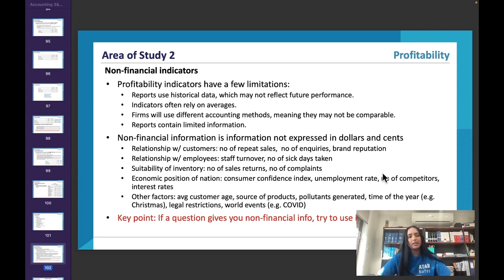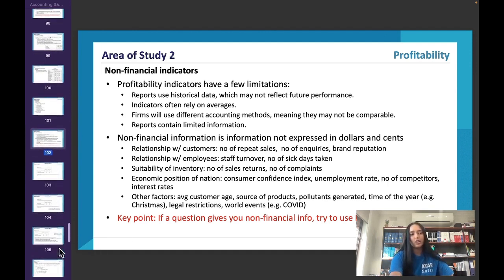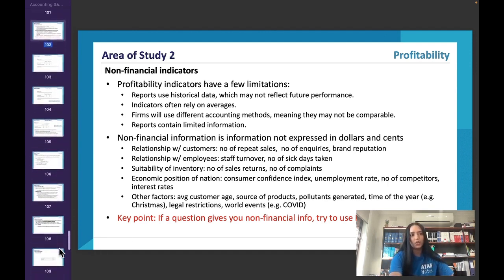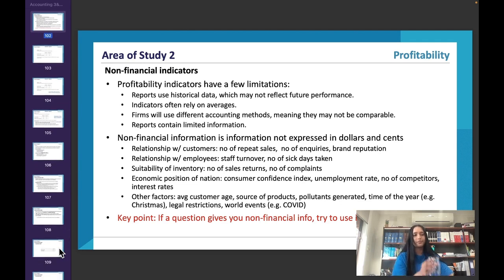And reports also contain limited information. Not all information about a business's proceedings is included in the reports. And there is non-financial information that you need to consider in your responses as well.